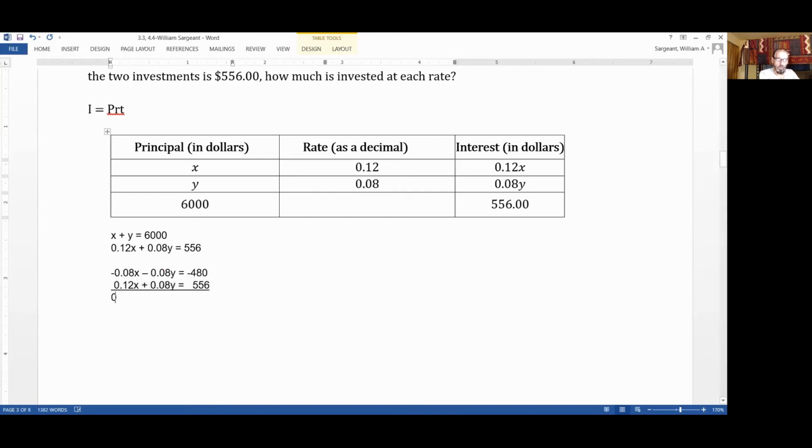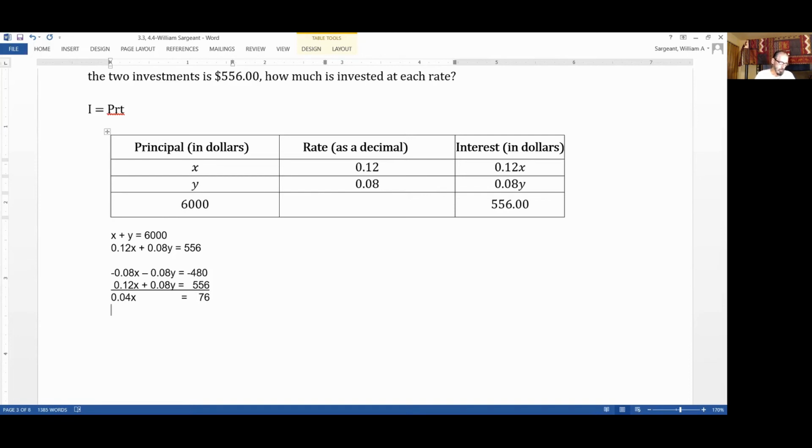I'll have 0.04x equals negative 76 and divide, sorry, that's a positive 76, which makes sense. We're going to be dividing that by a positive number. We better be investing a positive amount of money.